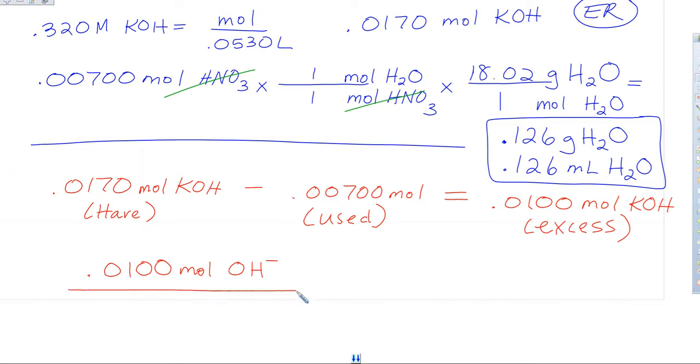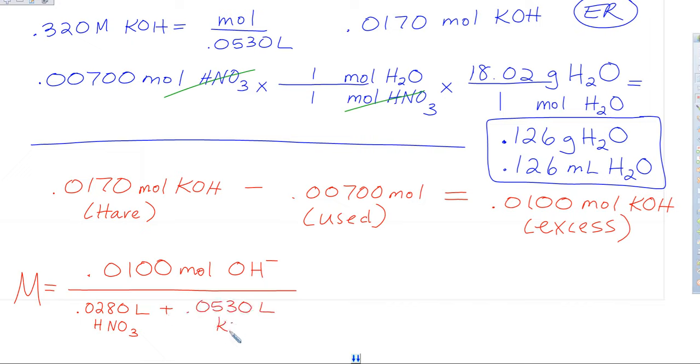We want to divide this by the total volume after you combine the two solutions. And so this would technically be in milliliters, but I'm going to use liters because molarity is moles per liter. So this would be a combination of the 0.028 liters of the original acid and the 0.0530 liters of the base. So sometimes they'll say volumes are additive.